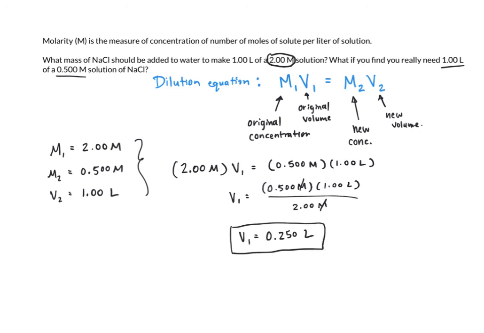That means that, practically speaking, if I removed 0.250 liters, or 250 milliliters, of my original solution and transferred that 250 milliliters to a new vessel, then just added water until the total volume reaches 1 liter, 1,000 milliliters, then the new concentration of that resulting mixture would be 0.500 molar sodium chloride.